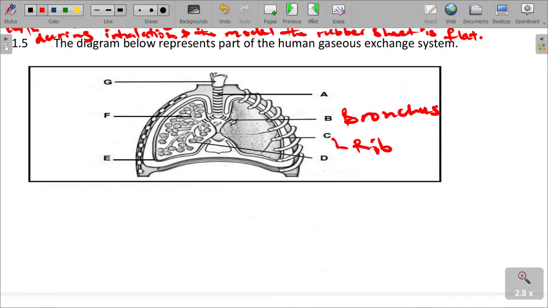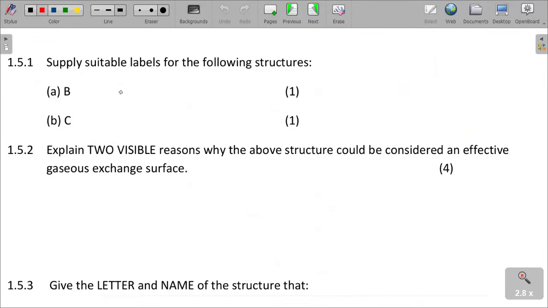And then the next question is saying, so it is bronchus, and the rib that we can see from the diagram there. Explain two visible reasons why the above structures could be considered an effective gaseous exchange surface.